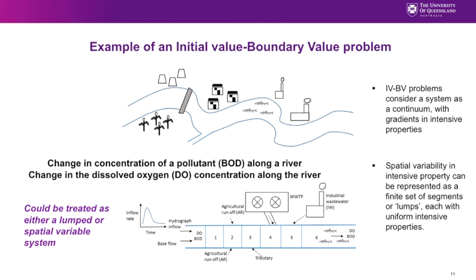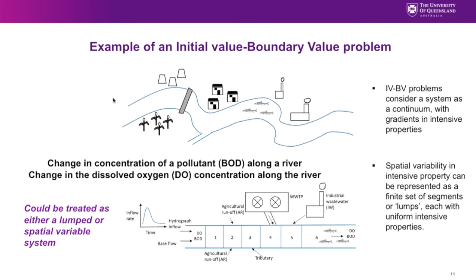So this is the change in concentration of a pollutant defined as biochemical oxygen demand along the river, and the change in dissolved oxygen concentration along the river. So this is a river, and we have changes in concentration of both components due to agricultural runoff or industrial wastewater discharge, or discharge of any pollutant that is affecting our system, right?